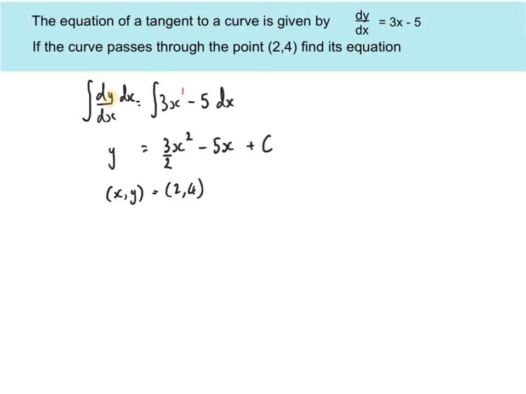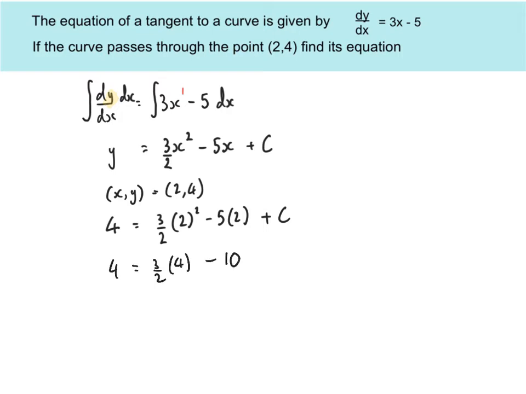So I'm going to swap the y for 4. The 3 over 2 doesn't change. x, well, that's been swapped for 2. Minus 5 lots of x, so I swap that out for 2 again, and plus c. 4, that isn't going to change. 3 over 2 times 4, so I've just done the 2 squared there.